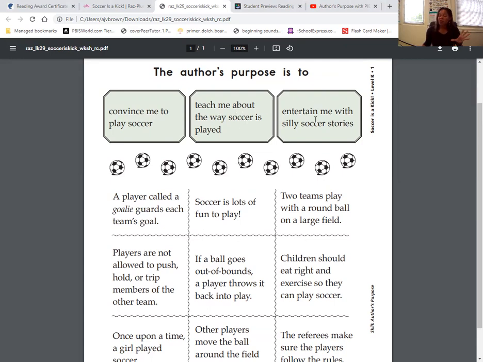And if you think the text is about entertaining you with silly soccer stories, some of these sentences will support the author telling an interesting, funny tale, something amusing. So you're going to choose the purpose and then choose the examples that support the purpose.